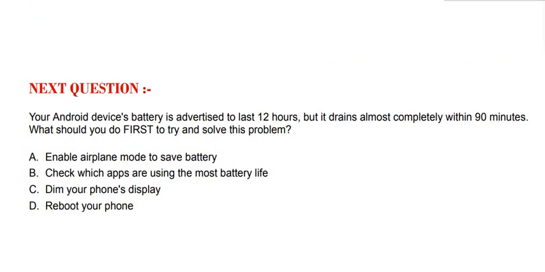And the options are option A enable airplane mode to save battery, option B check which apps are using the most battery life, option C dim your phone's display and option D reboot your phone. The correct option is option B.